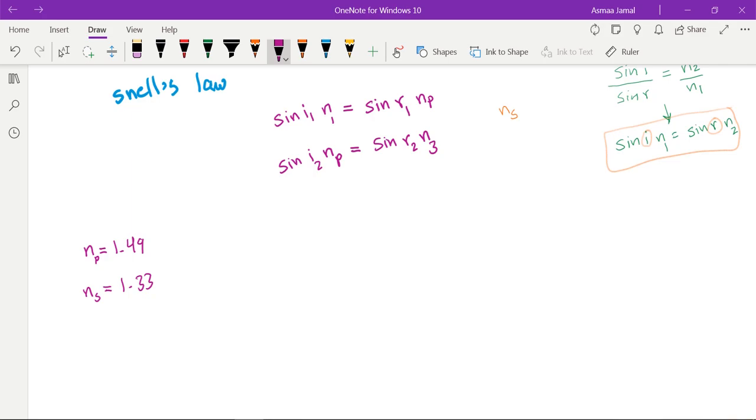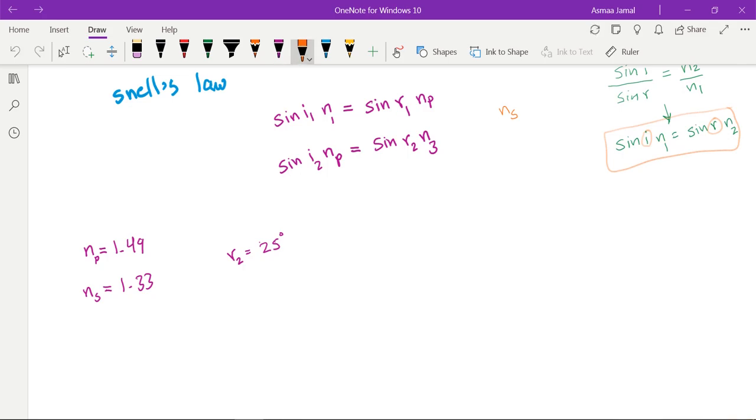So the ray emerged from that prism at an angle of 25. And as I said, emerged from the prism, which means this is the second refracted ray angle. Let's find the incident angle at the first refracting surface of the prism.